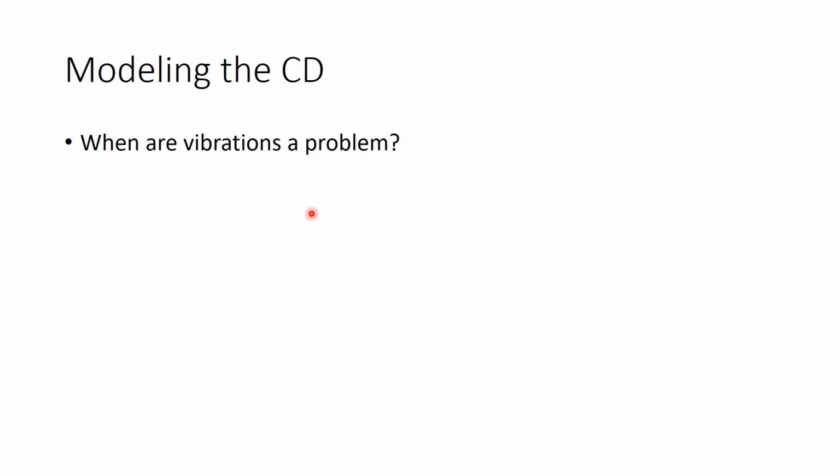Okay. So as we talked about, your case is to study when the vibrations are a problem. So you want to look at the frequencies at which the natural modes would overlap with the spinning speed of a CD.